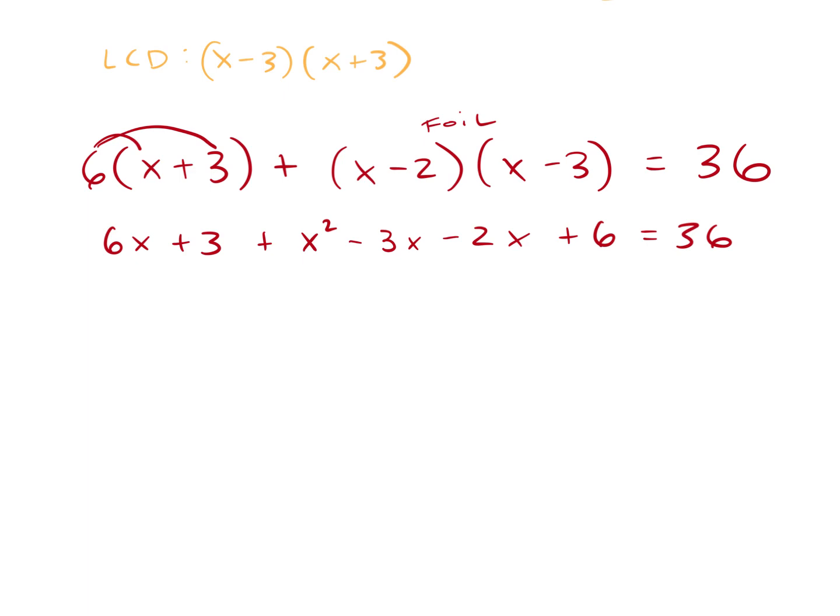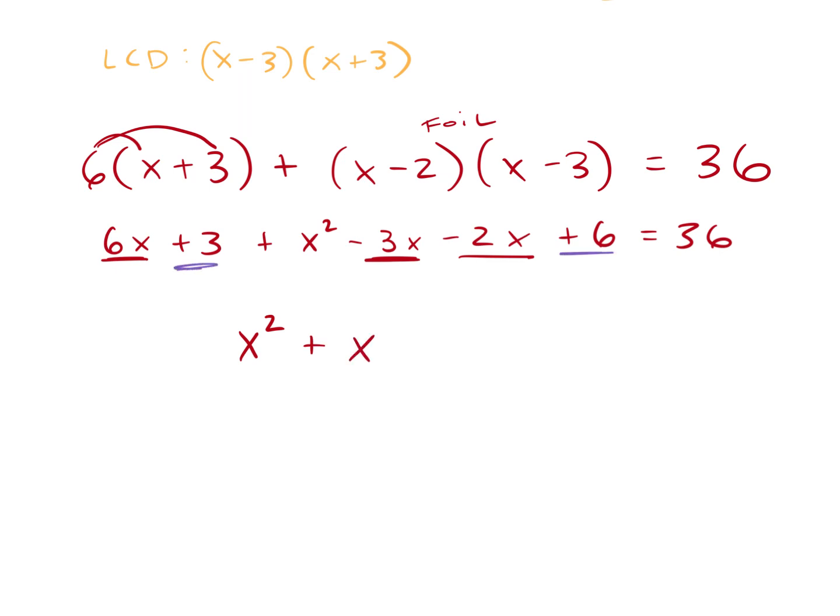What can we do next? Combine like terms. So I'm going to start with my highest degree. Let's start with x squared because I'm also just going to put it in standard form. 6x minus 3x would be 3x. Minus 2x would just be x.